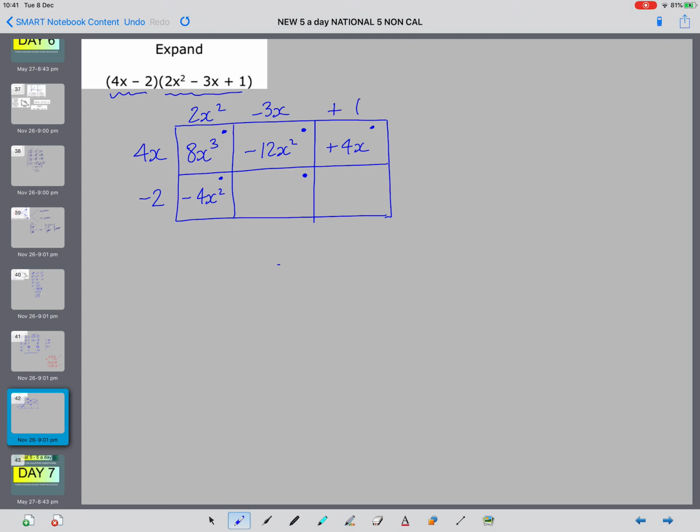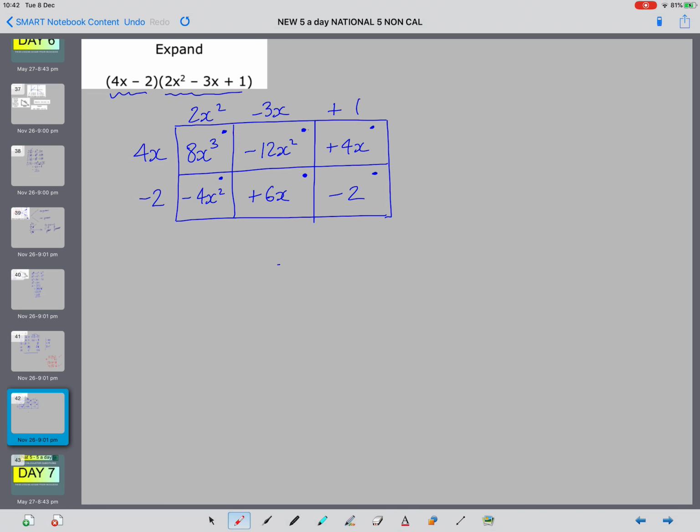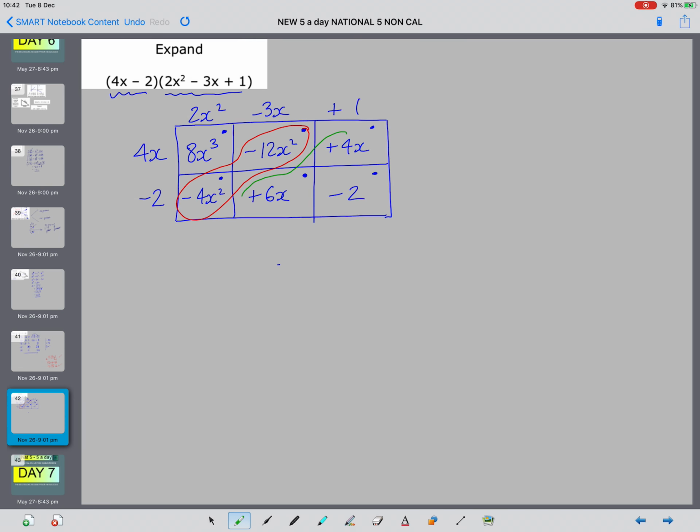This one, -2 multiplied by -3x is a positive 6x, and this one is -2. And you should see that these two terms are like each other, so they will simplify. And these two terms are like each other, so they will simplify.